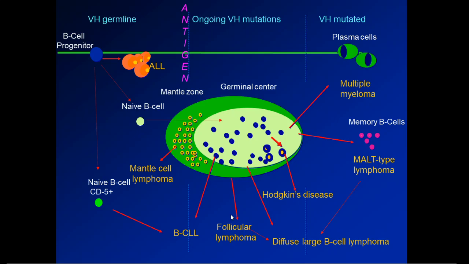Through several months or several years, for example, we have again increased lymph nodes in the neck. We need to take a biopsy again, and right now we have another tumor: diffuse large B cell lymphoma.